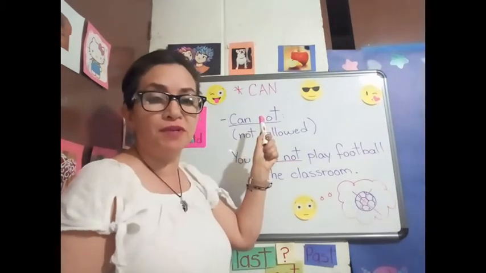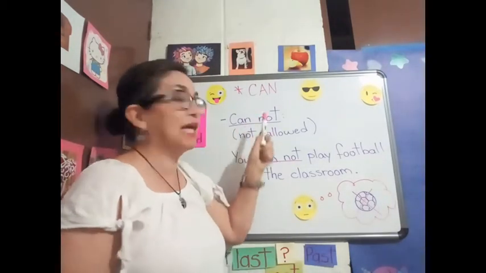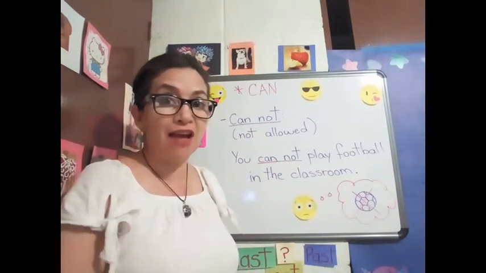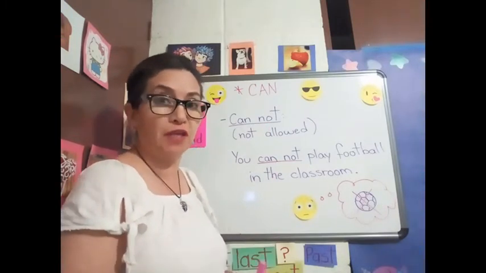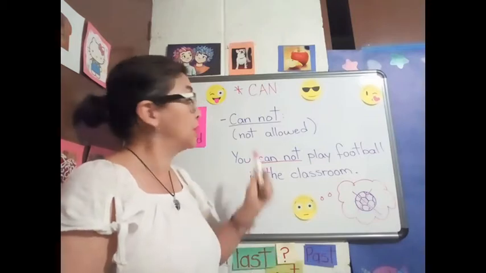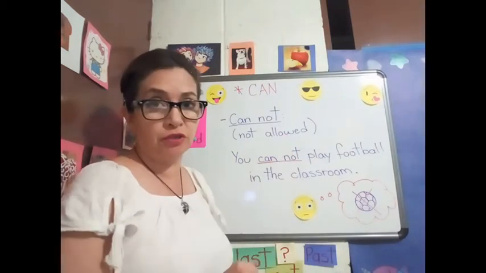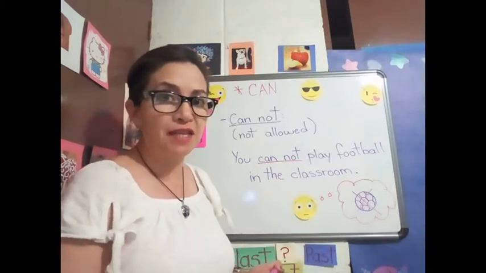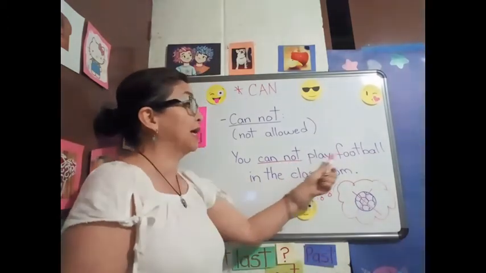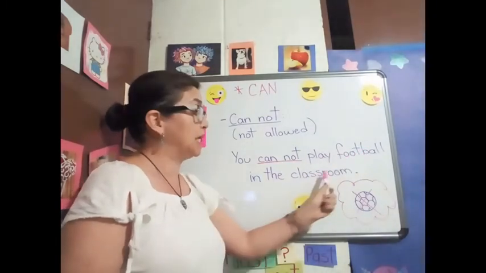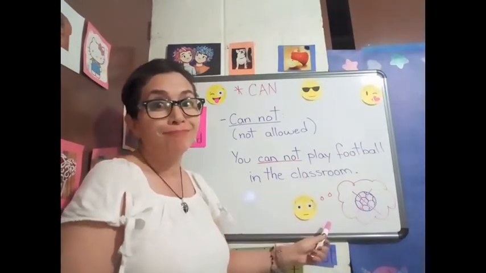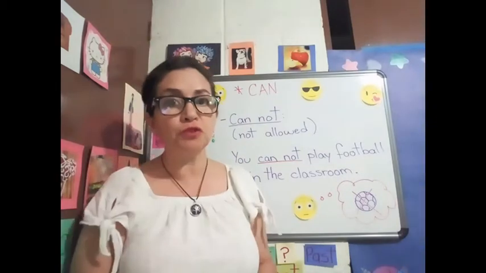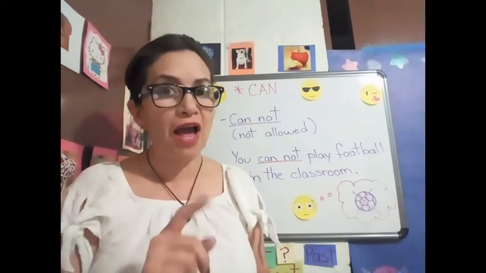It is when we say that somebody cannot or does not have the permission to do something. Somebody is not allowed to do something, it is prohibited. For example, you cannot play football in the classroom. You don't have the permission.